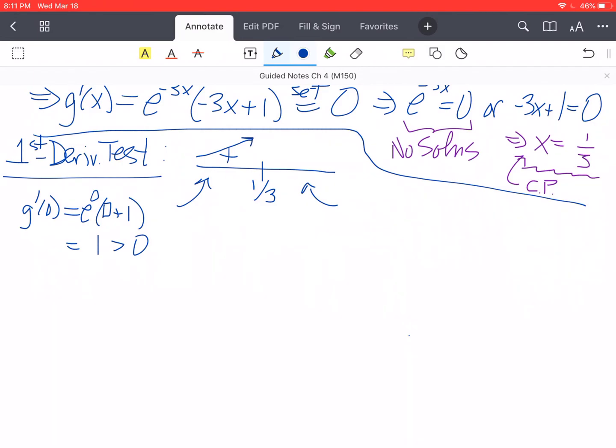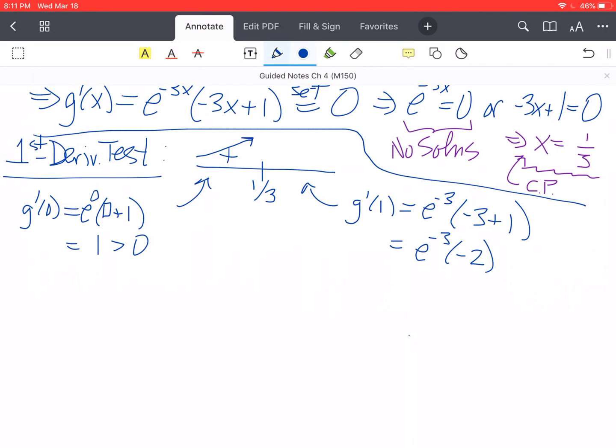And then something bigger than 1/3, just pick 1, right? So you could pick anything you wanted, but 1 seems to be the easiest choice. So g prime of 1, that's going to be e to the negative 3 times 1 times negative 3 times 1 plus 1. So that's e to the negative 3 times negative 2.